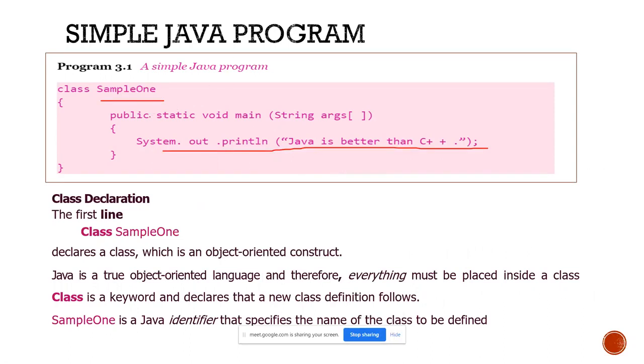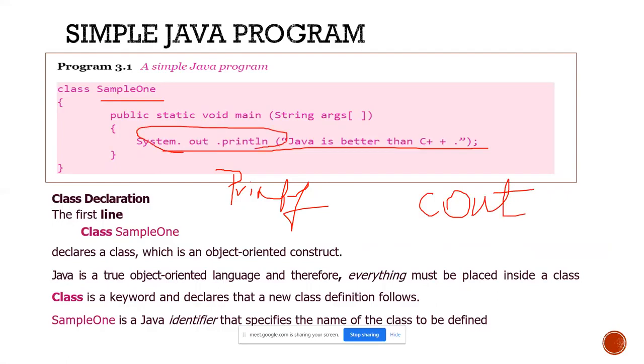In C and C++, you use different terms for displaying output: printf in C for displaying and scanf for input, whereas in C++ you use cout. Similarly in Java, this is a simple term, System.out.println.